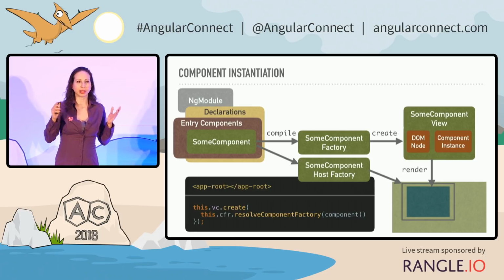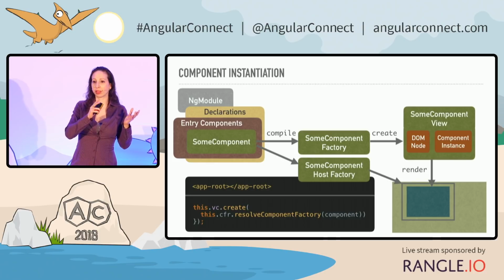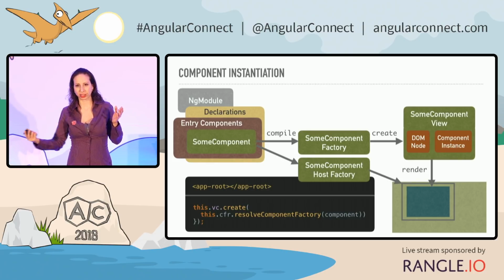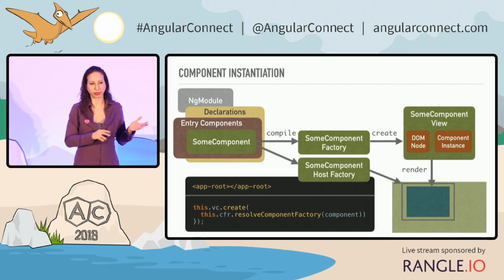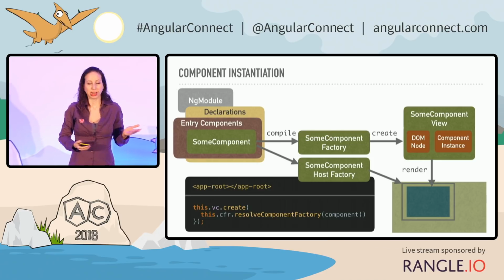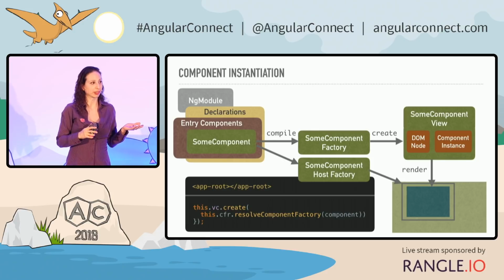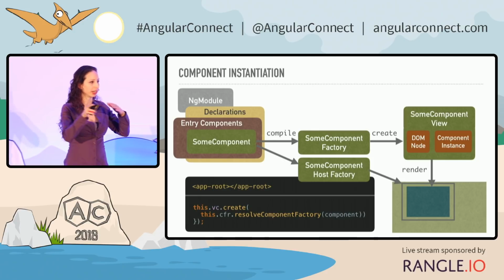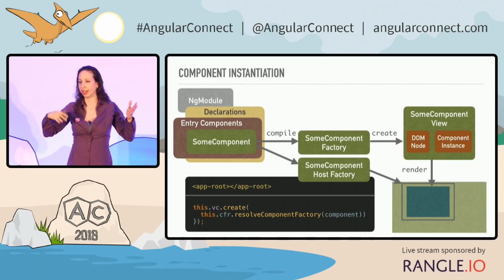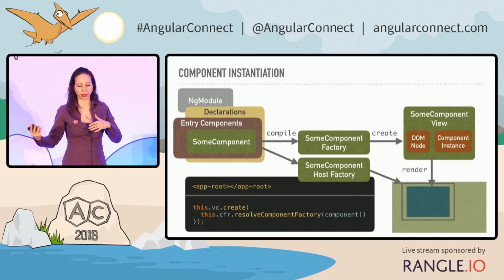So we need to add those components into entry components, and then Angular will know that it needs to create a component factory for them, but it will also create a host factory, which connects it to the surroundings wherever it is. And the root component that we have is actually also an entry component, but because it's there in Bootstrap, then it is already also given the same things that an entry component has.